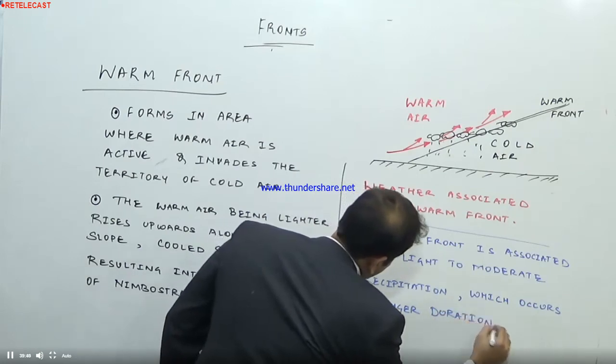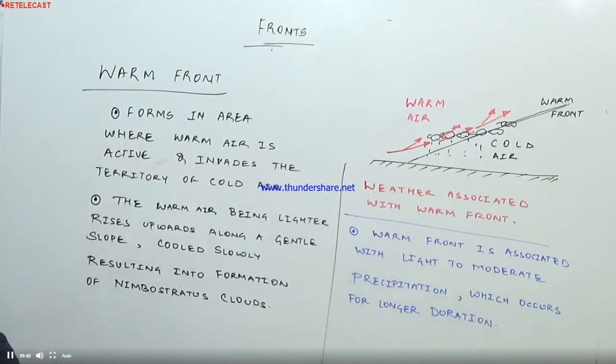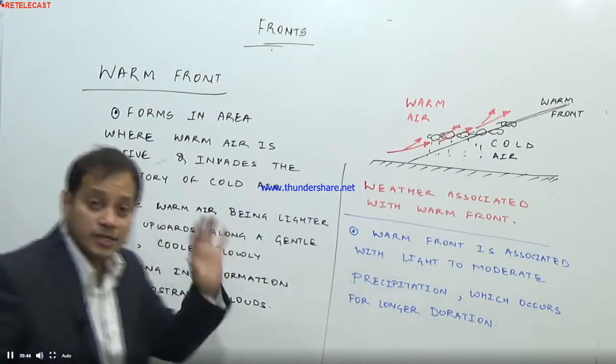So it is associated with light to moderate precipitation which occurs for a longer duration. So this is the warm front.